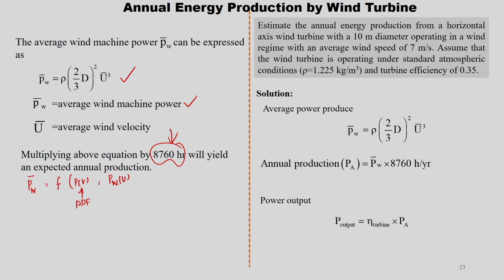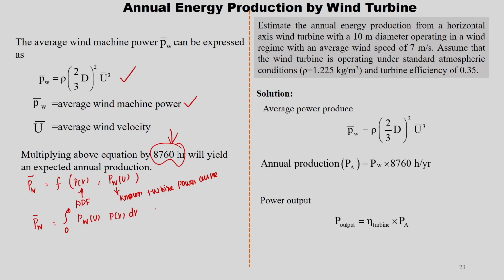This is nothing but the known turbine characteristic curve, the known turbine power curve. So, P w bar is the integral from 0 to infinity of P w at u, that is the power characteristic curve, and P of v into dv.